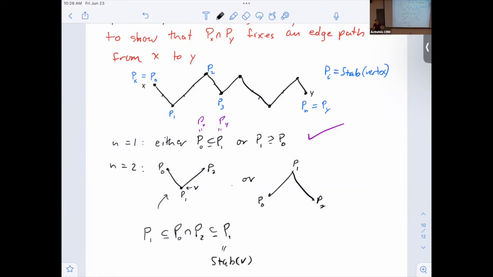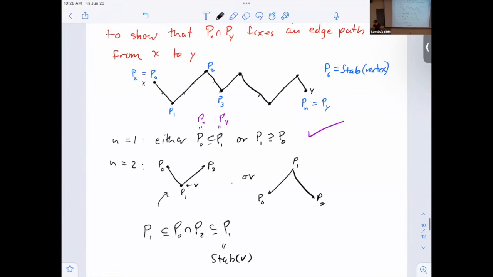Okay, what about this direction? What we have is that P0 and P2 are both contained in P1, which is itself some kind of parabolic. Up to conjugating by G, we can view these as being contained in a smaller Artin group, the Artin group for a smaller graph.